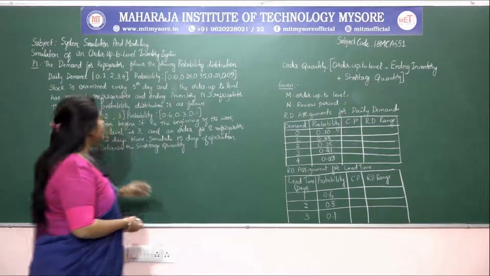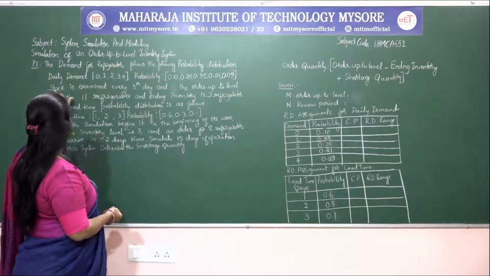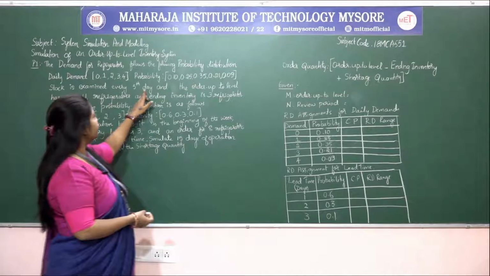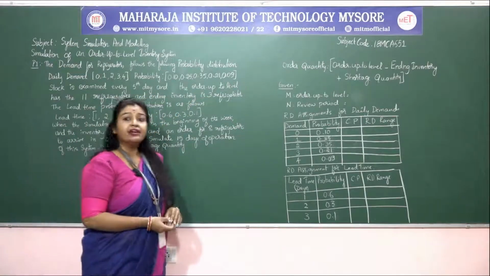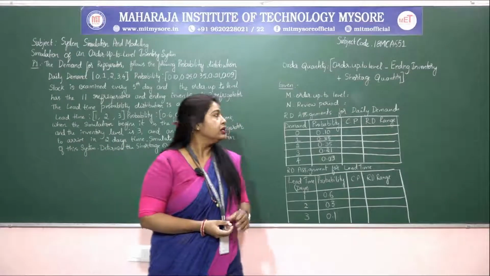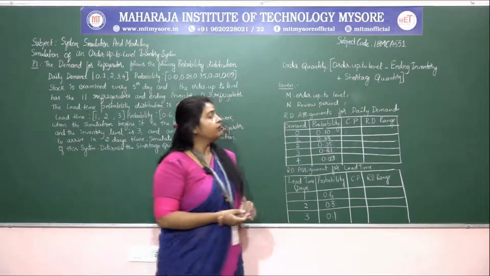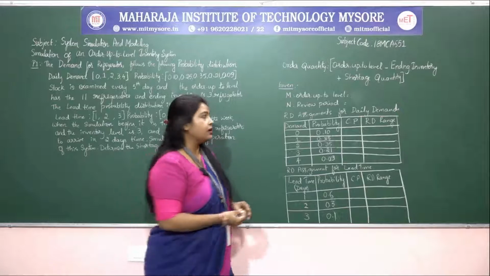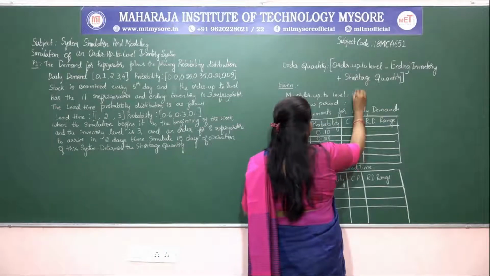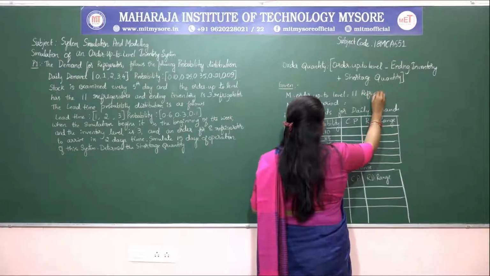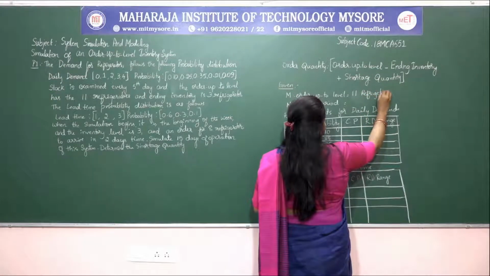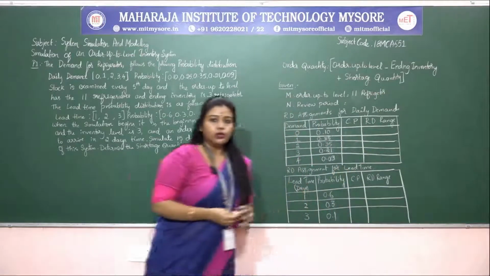Also, the stock is examined every 5th day and the order up to level is 11 refrigerators. So here the order up to level they have given is 11 refrigerators.